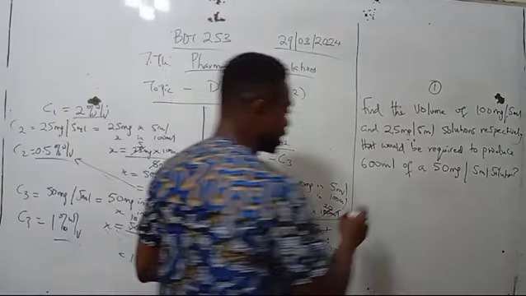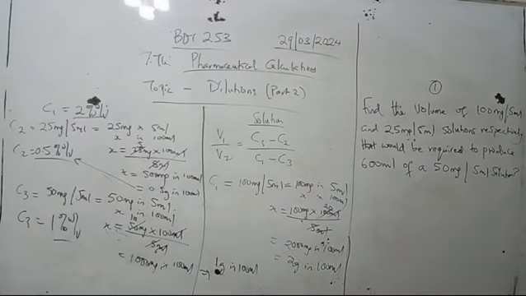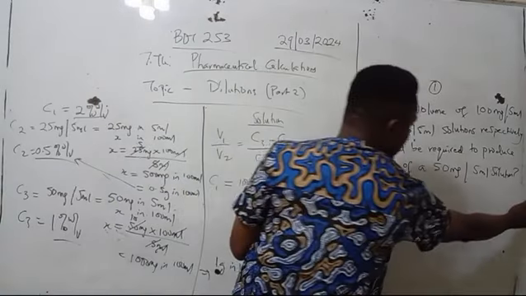Since we've gotten C1, C2, C3, let's now solve V1 over V2. V1 over V2 is equal to C3 minus C2 over C1 minus C3.